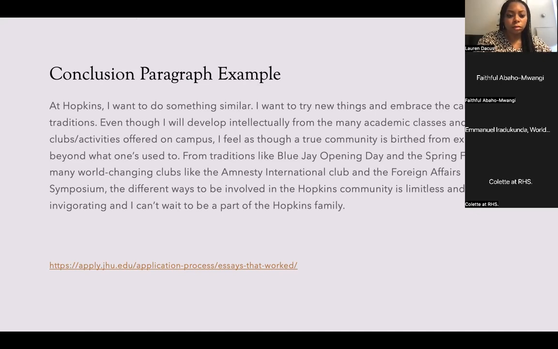From traditions like Blue Jay Opening Day and the Spring Fair to the many world-changing clubs like the Amnesty International Club and the Foreign Affairs Symposium, the different ways to be involved in the Hopkins community is limitless and invigorating, and I can't wait to be a part of the Hopkins family.